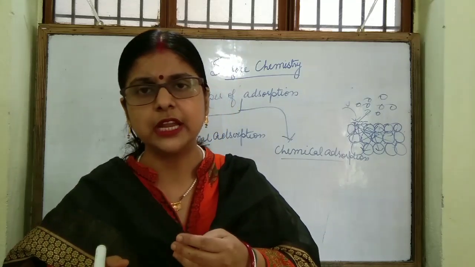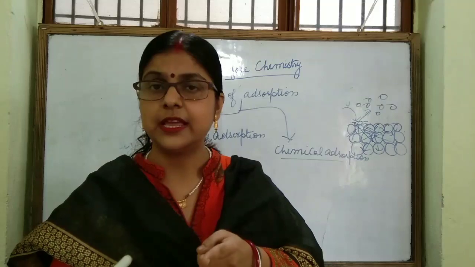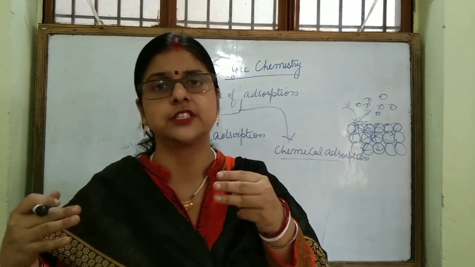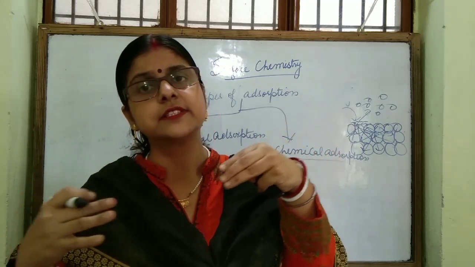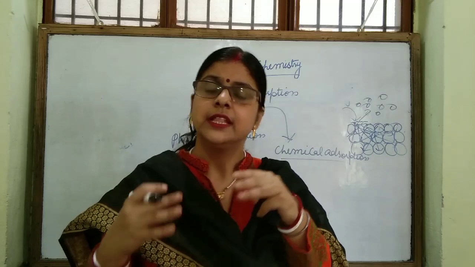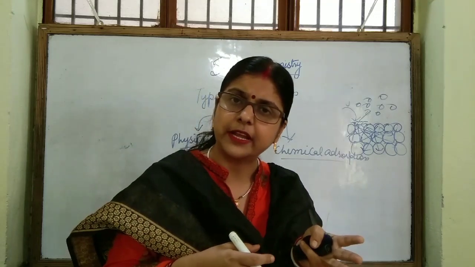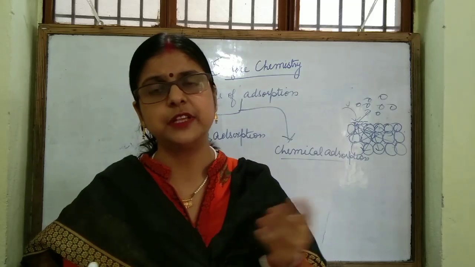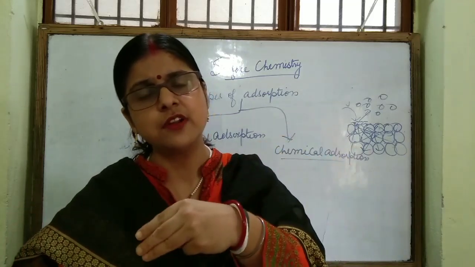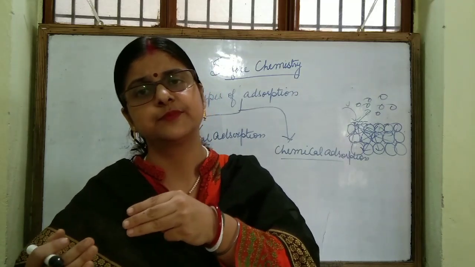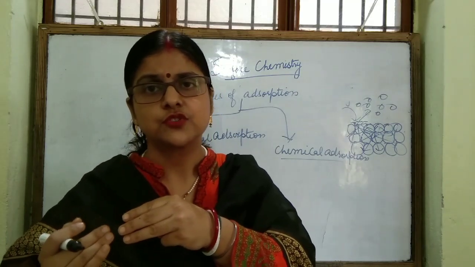And what is chemical adsorption? In chemical adsorption, a real chemical reaction takes place. So there is a real chemical bond between the species of adsorbate and the species of the adsorbent. Adsorbate means the substance which is being adsorbed, and adsorbent means the substance on which this species is adsorbed.